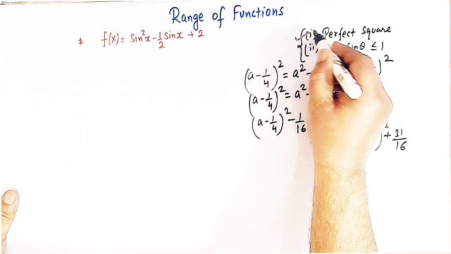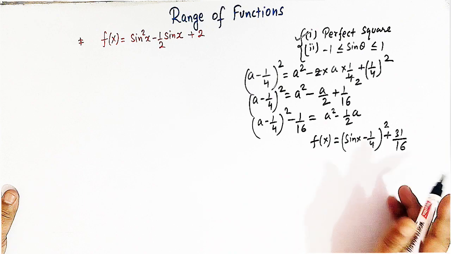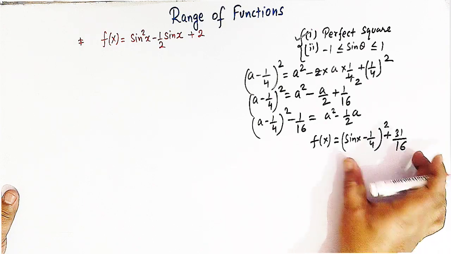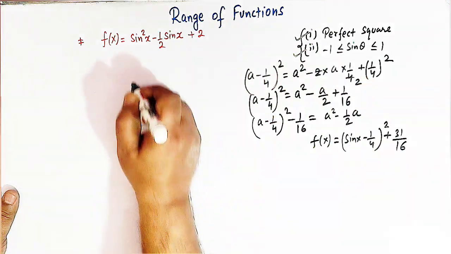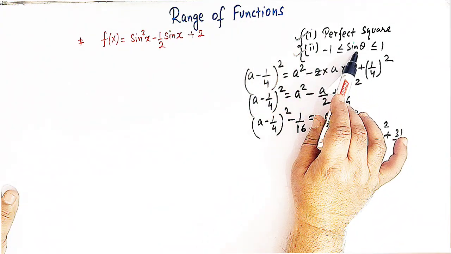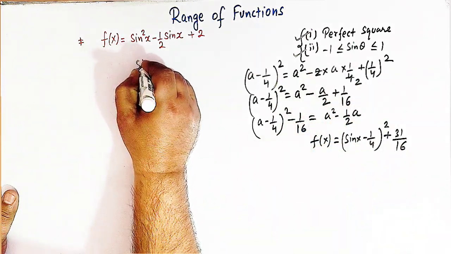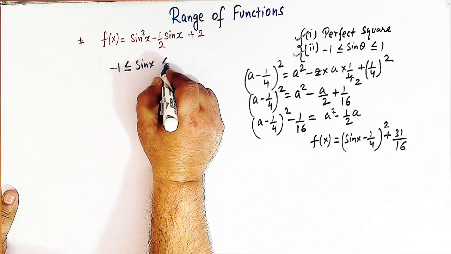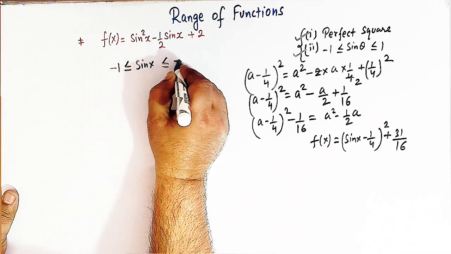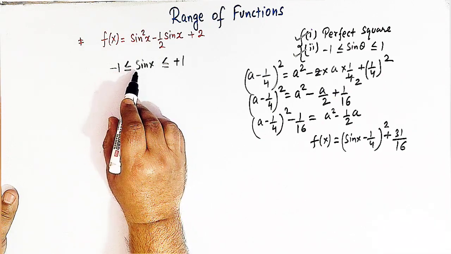Using this concept, we have converted this function f of x into this form. Now let us use the second concept. The range of sine theta is from -1 to 1. So sine x is greater than or equal to -1, but it is less than or equal to +1. Now we start with this inequality.